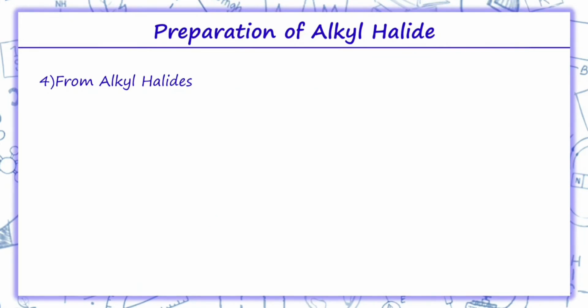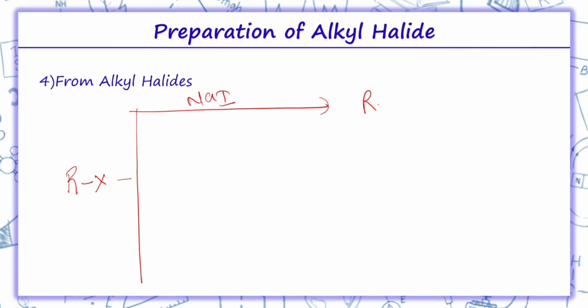Next preparation is from alkyl halides. Now let's suppose I have alkyl halide, that is RX. If we are taking NaI over here, iodide will form and NaX will be formed in presence of acetone. If iodides are formed, this reaction is known as Finkelstein reaction.